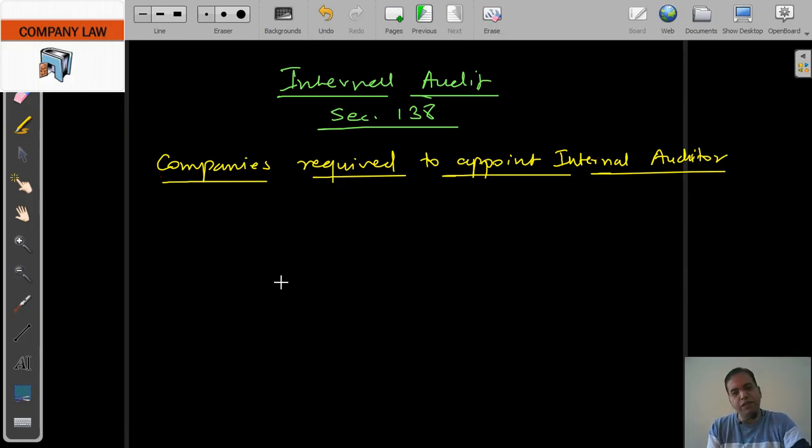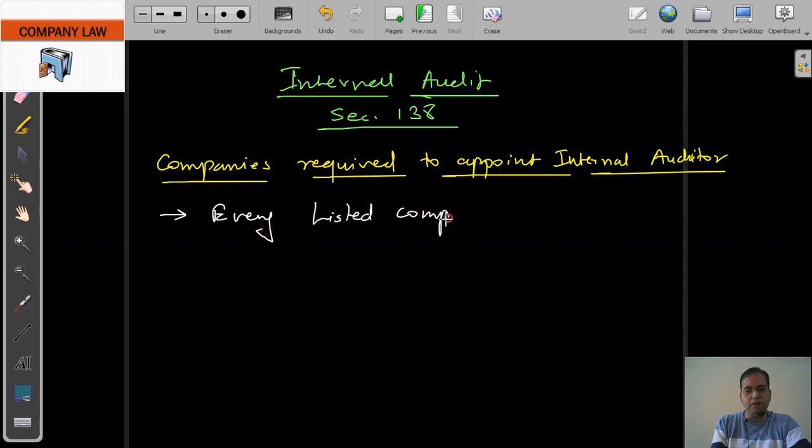So which are the companies which are required to appoint an internal auditor? Basically, first is every listed company. Then every unlisted company.